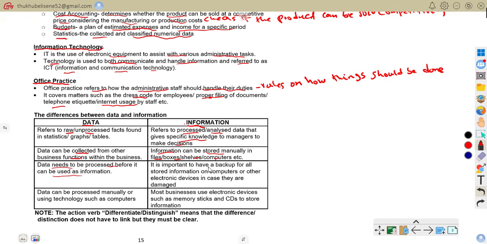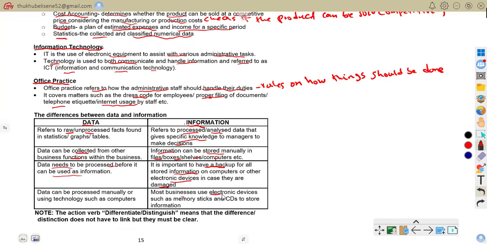It is important to have a backup for all stored information on computers or other electronic devices in case they are damaged. Information needs a backup, for example, saving documents on the cloud, which serves as a backup in case the information is damaged.